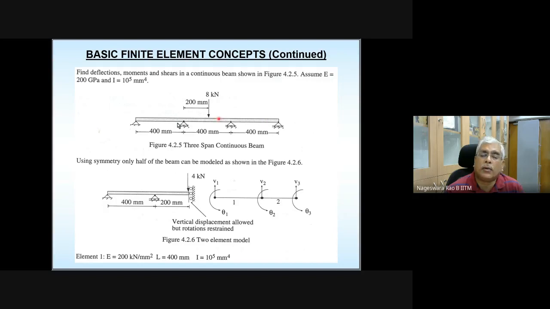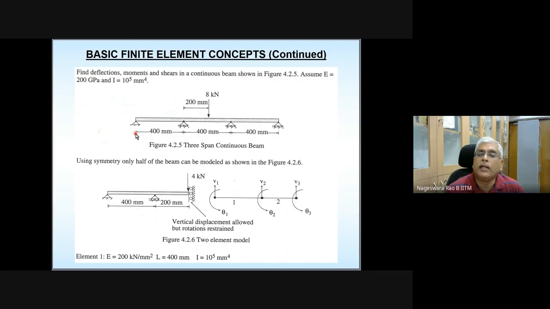Sorry, I forgot that if you have a node here, let's say this is node 1, node 2, this is node 3, node 4, node 5. Just a minute, let me step back.